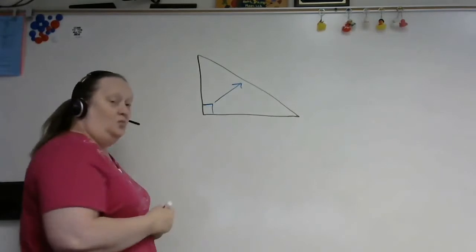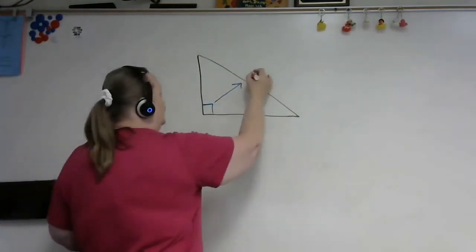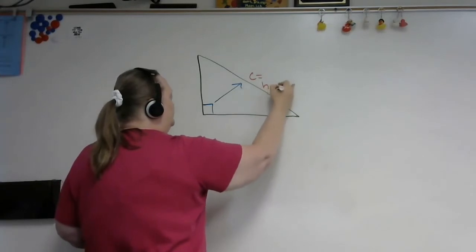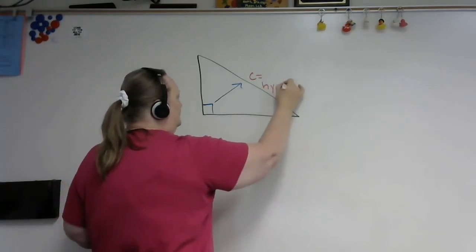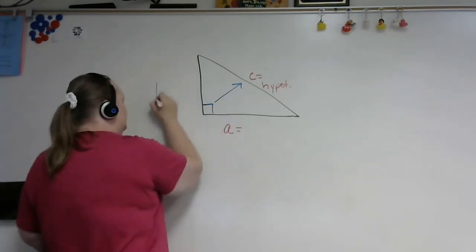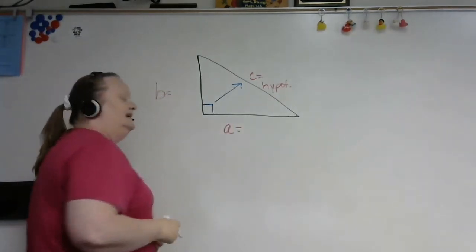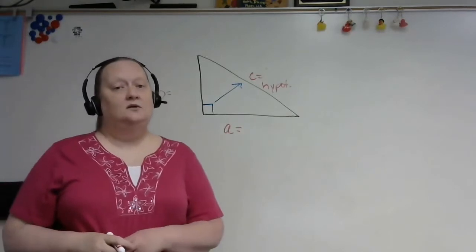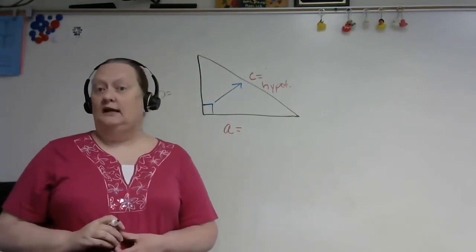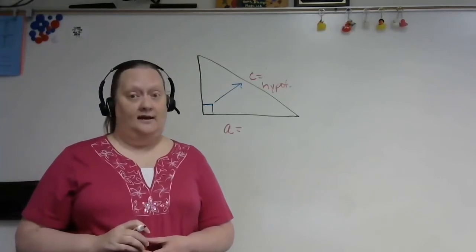And let's look at one where, again, we're going to say this is C, which is the hypotenuse. And this is A, and this is B. And in this case, in the words of the problem, it told us that the hypotenuse was 23 and one leg was 12.